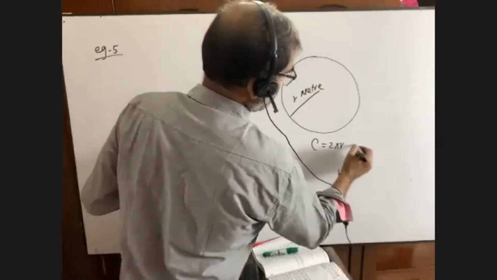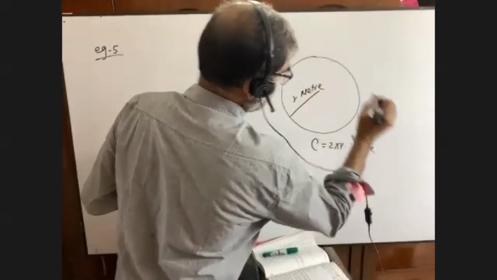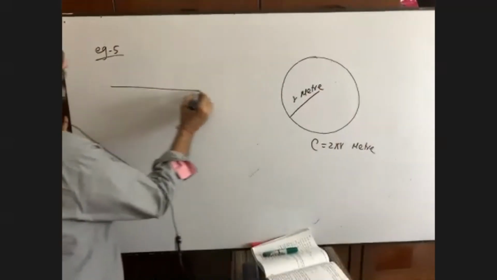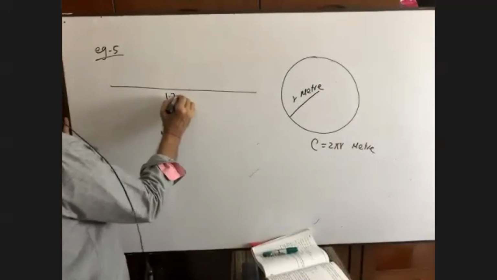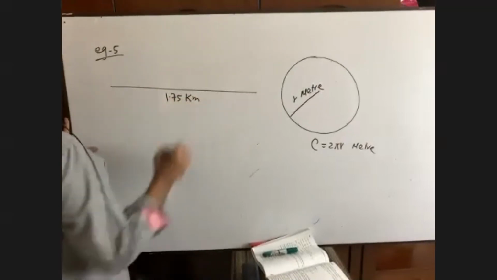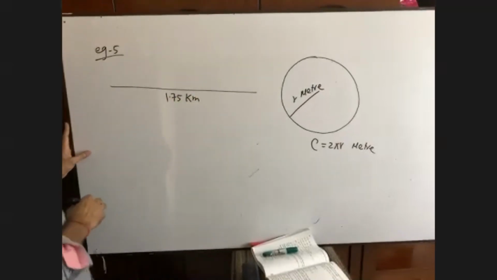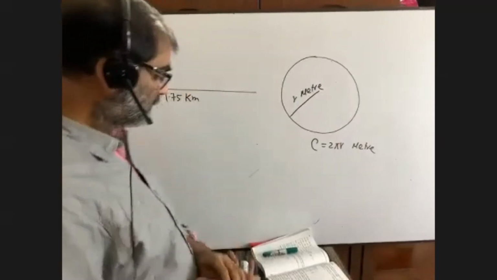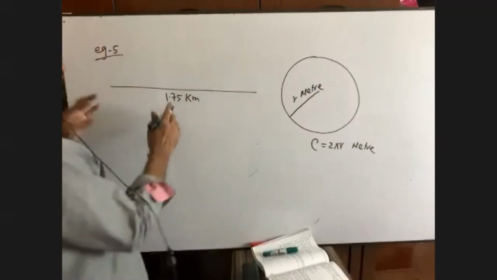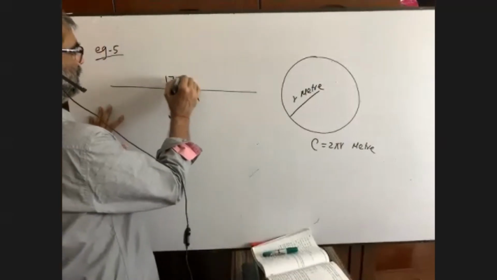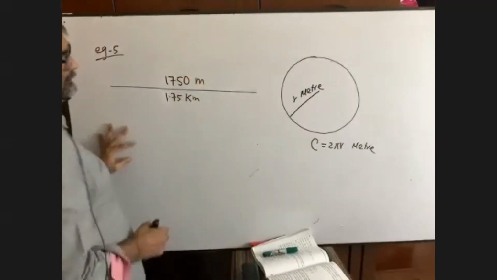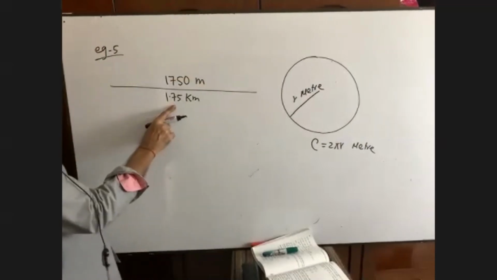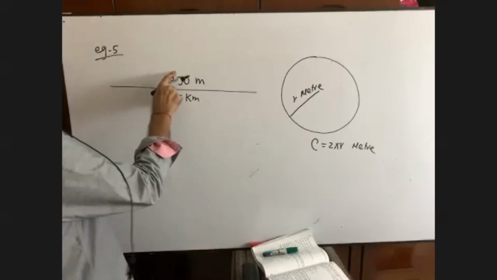So the circumference is 2 pi R meter. 1.75 kilometer, you multiply it by 1000. What will be the result? 1750 meter. If we multiply this kilometer by 1000, we'll get 1750 meter.